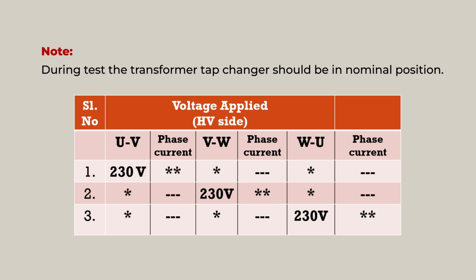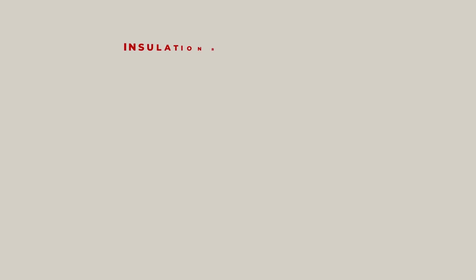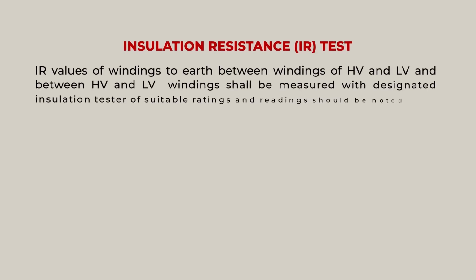Similarly, you connect the single phase voltage between V and W, and between W and U. If there is any imbalance, it can be checked by measuring the phase current as well as the voltages in the other two phases other than the phase to which you have applied the voltage.